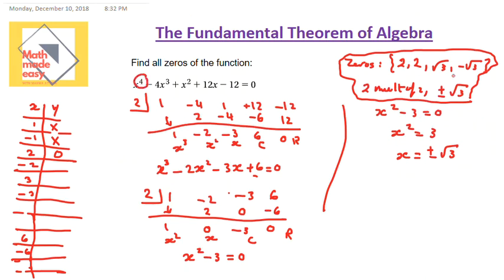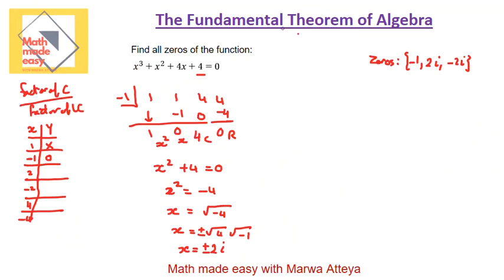All of them are real numbers, 2 of them are rational, and the other 2 are irrational, and of course they are conjugates. First question, when it was to the power of 3, it had 3 roots, 1 rational and 2 complex, and both of them are conjugates, like the conjugate theorem states.